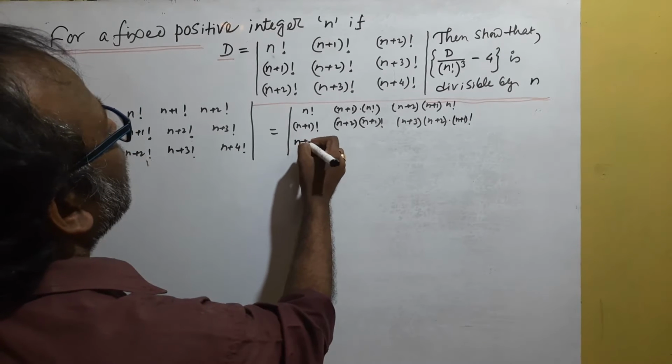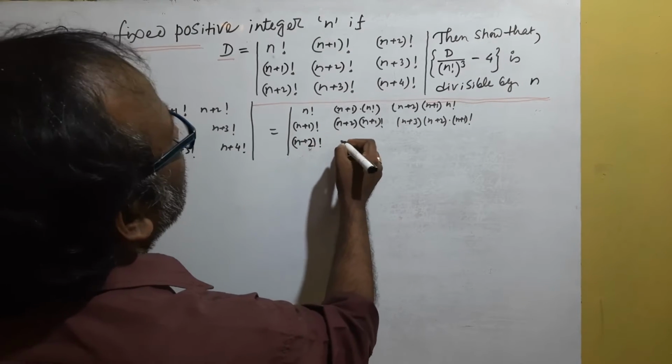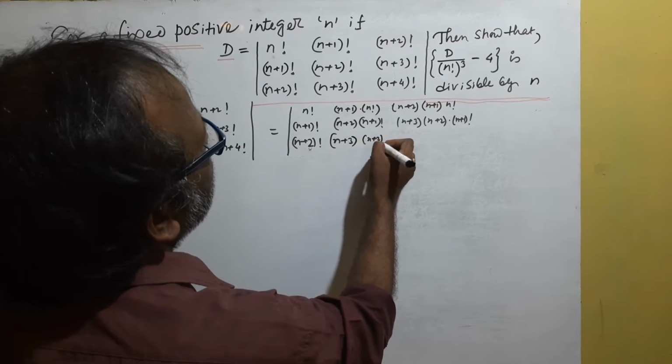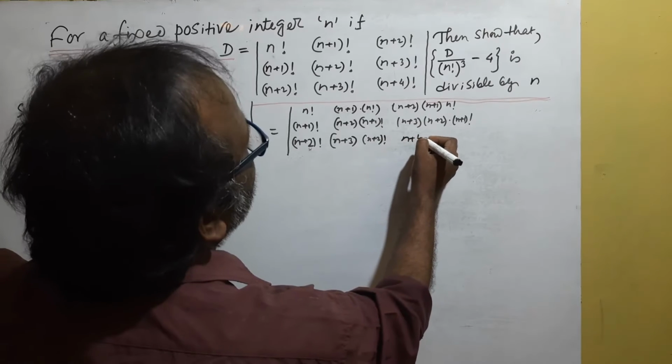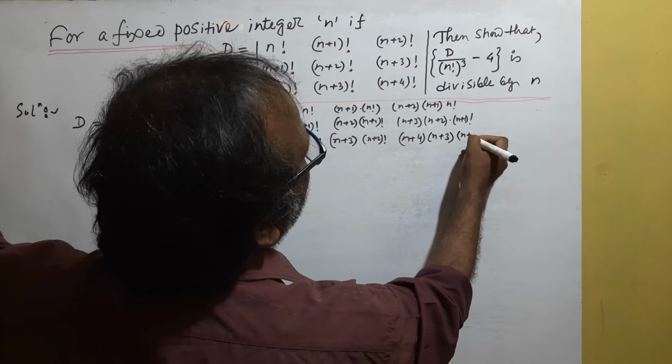The same applies for the third row: n plus 3 and factorial n plus 2, n plus 4 into n plus 3 and factorial n plus 2.